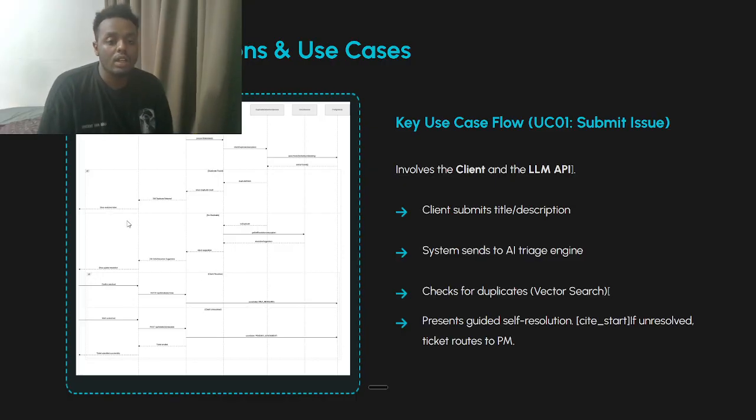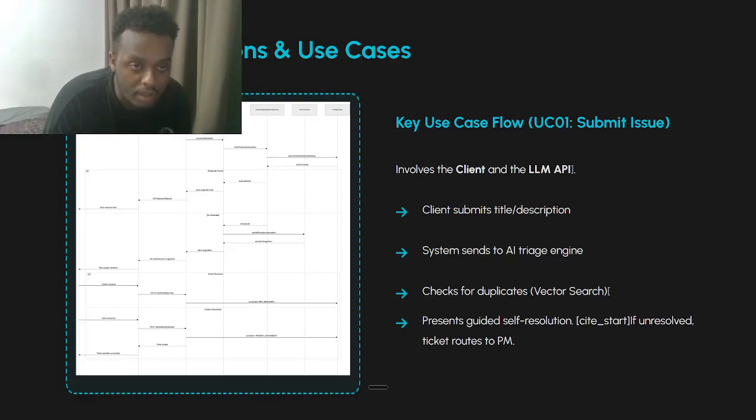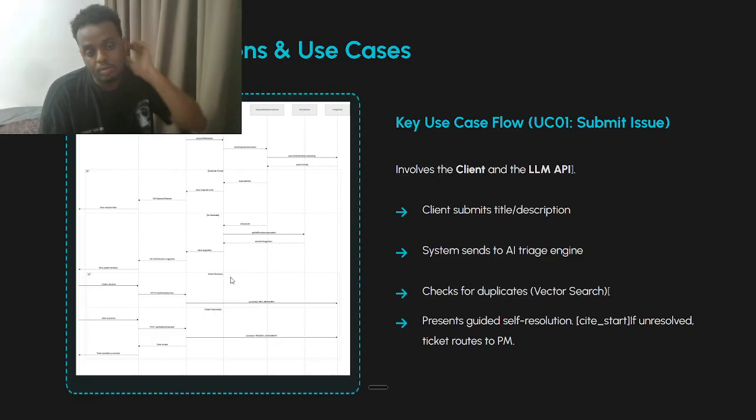So this is the sequence diagram, showing the flow of it, at what case it happens, if there's duplication detected, how the backend responds, if it could be self-resolved, how the backend responds, etc.